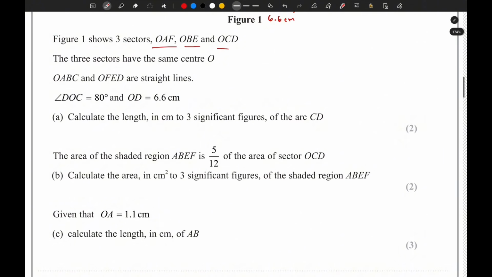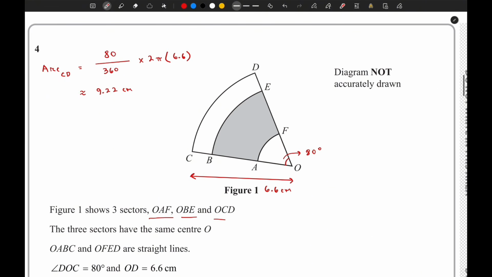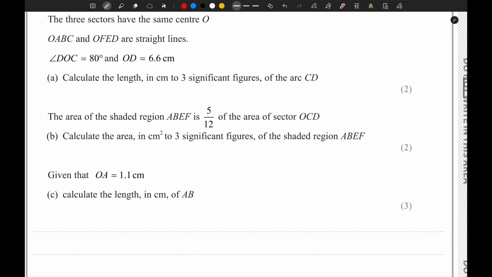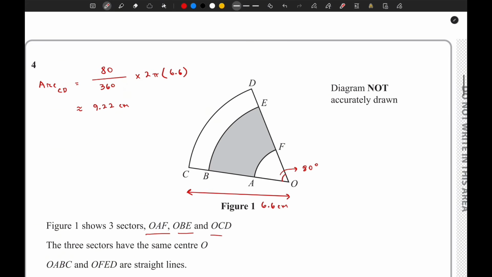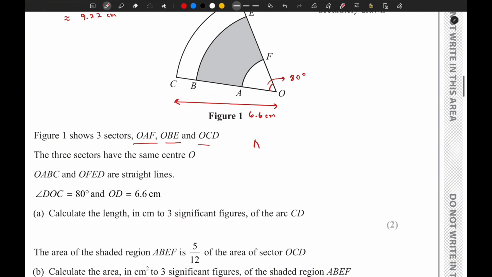The area of the shaded region ABEF. Okay, this region is 5 over 12 the area of sector OCD. Let's find out the area of sector OCD. The formula for this is 80 over 360 times pi r squared.